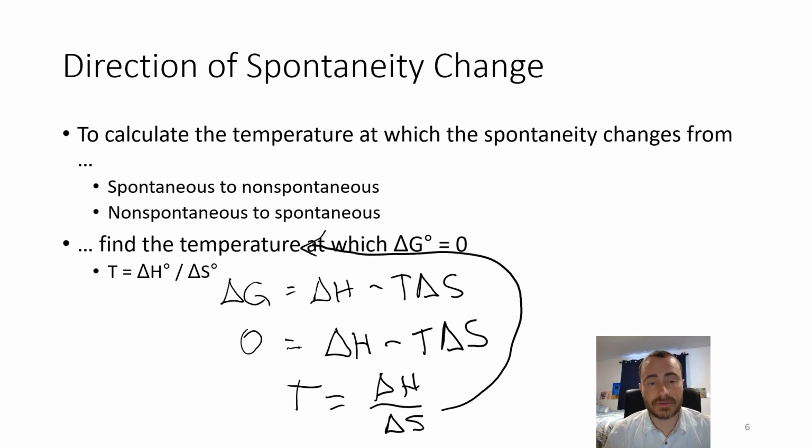All I did was just do some algebra, plugging stuff in. And so once we know that, that'll give us the temperature at which we are going to change. Now, it doesn't tell us whether we're going to be spontaneous above or below that temperature. That we have to get from the signs of our enthalpy and our entropy. But it does tell us what temperature we do get that change to occur.